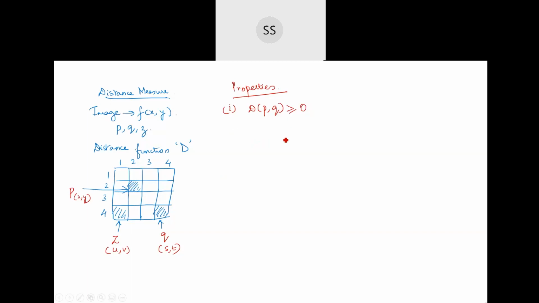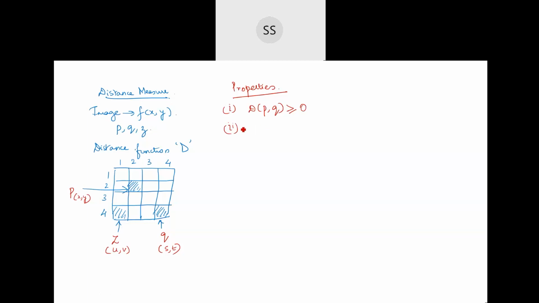Obviously, you will not get a negative value. You're always going to get a positive value in the first place. Secondly, 0 means when both P and Q are the same pixel, you will get the value 0 for the distance. If P and Q are the same, then the distance value is equal to 0, or else the distance will always be greater than 0 whenever you are taking the distance between 2 pixels.